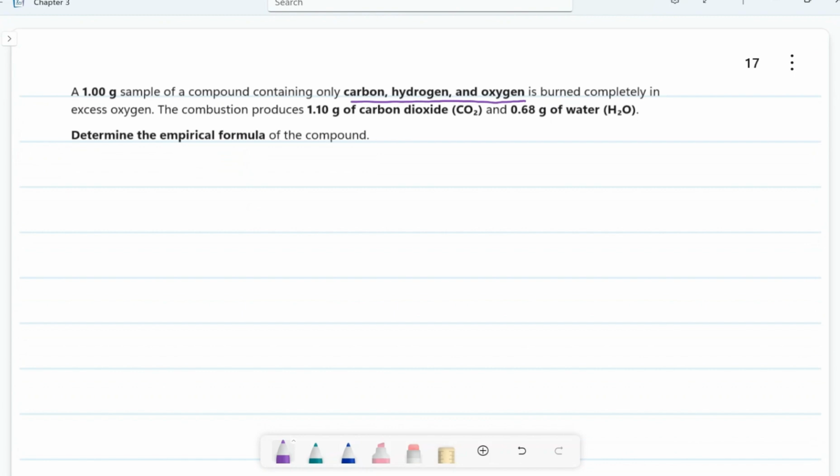First of all, we are told that we have 1.10 grams of carbon dioxide. So one thing we can do is find the molar mass of carbon dioxide. We have one carbon, so this is 1 times 12.01 grams per mole, plus we have two oxygens, so 2 times 16.00 grams per mole.